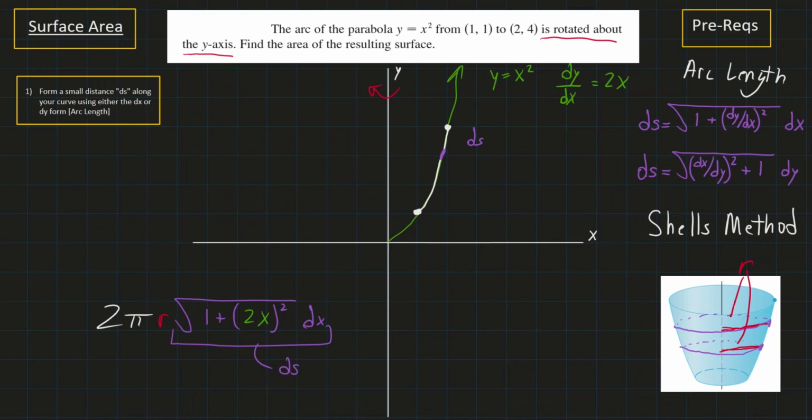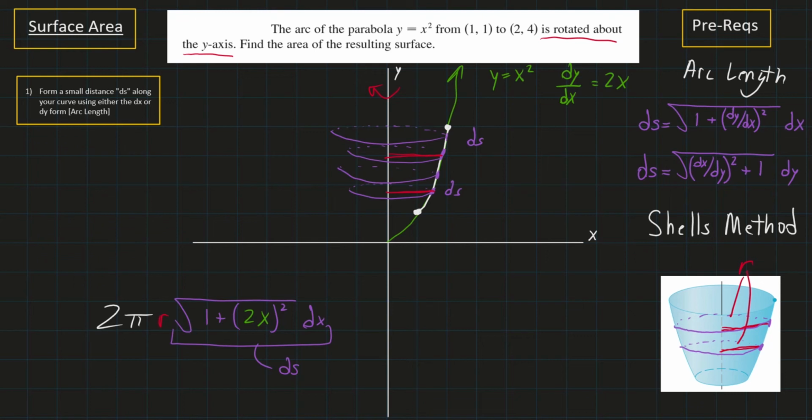So on my main graph, here's the r for that little ds. Here's another ds right here. Here's the r we would use to swing that one. And each time we swing that little ds, we are creating one of those hoops.